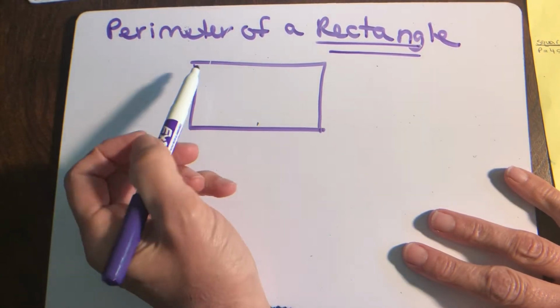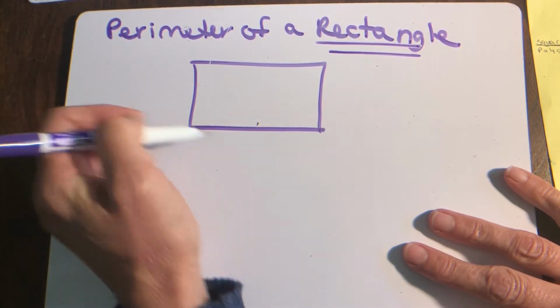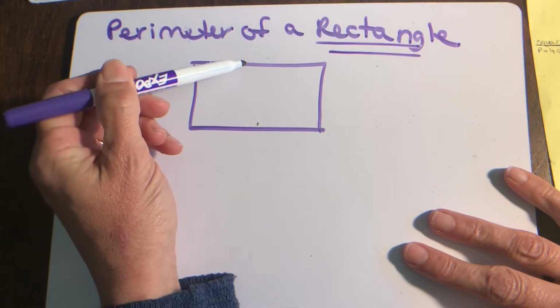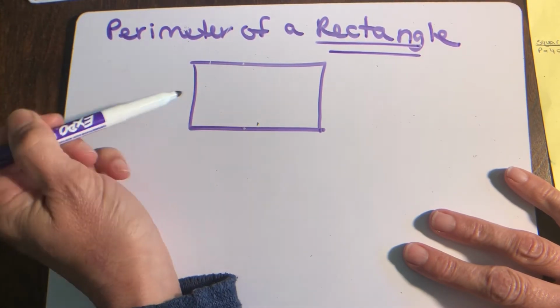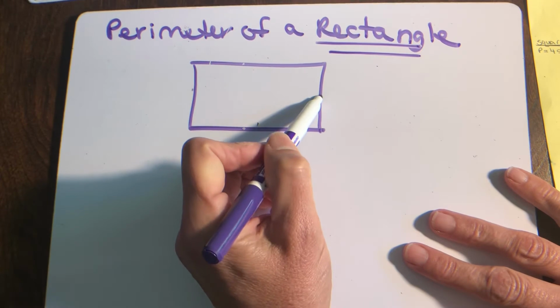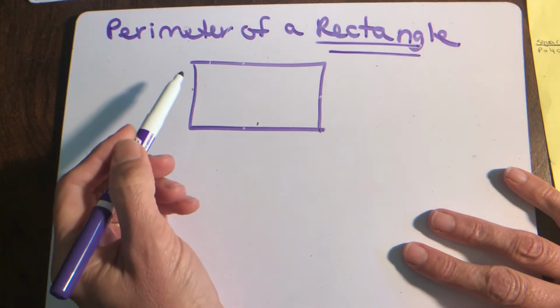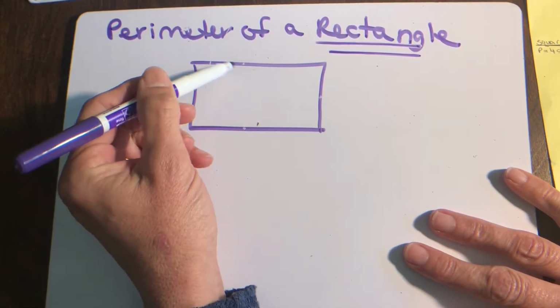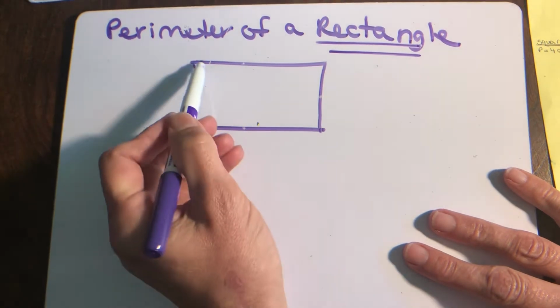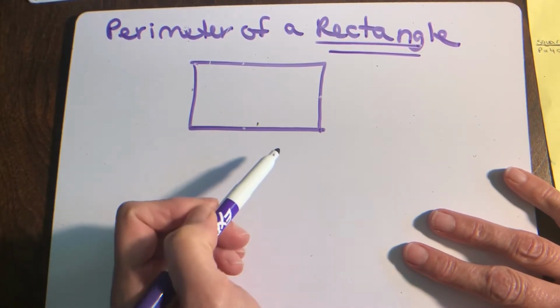But quickly, a rectangle still is four-sided, but it has two sides that are the same, and the other two sides are the same. Not all four sides are the same. So it's different from a square in that you have two long sides and two short sides.